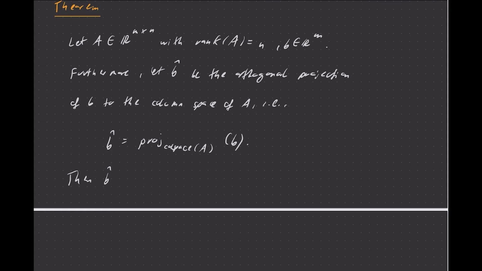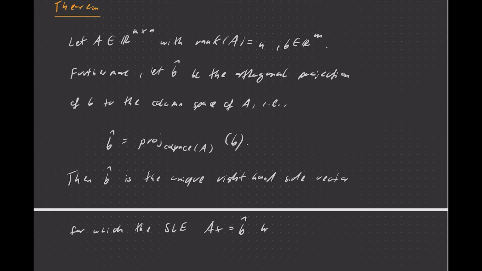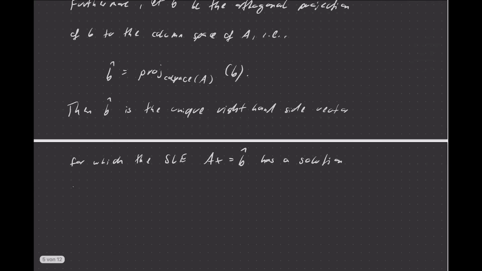B hat is the unique right-hand side vector for which the system of linear equations AX equals B hat has a solution and such that B minus B hat is minimal among all such right-hand sides.